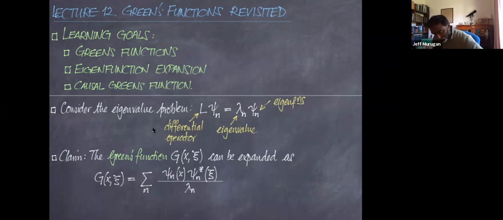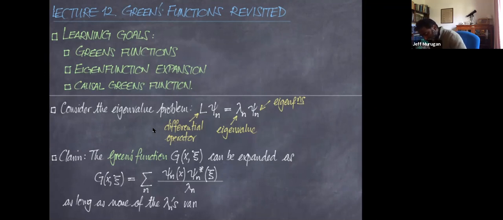So as long as none of the lambda n's are equal to 0. If this is the case, my claim is that this here is really an eigenfunction expansion of the Green's function.